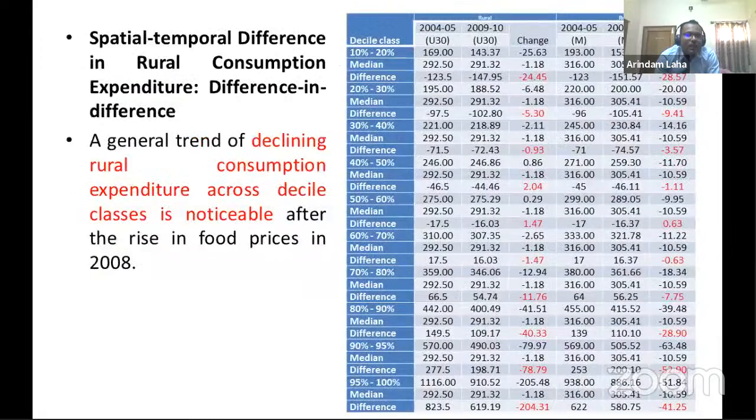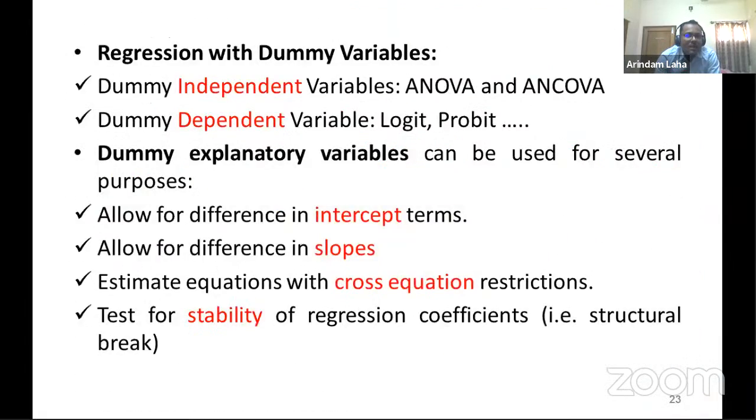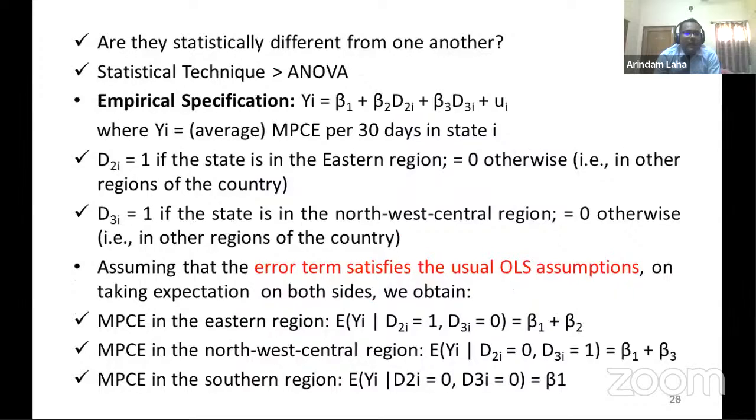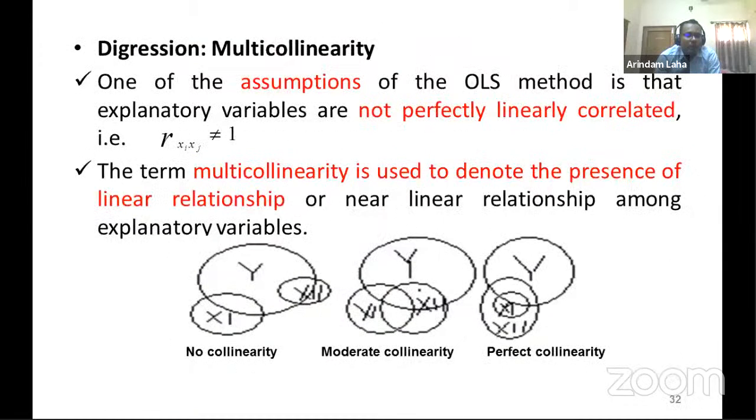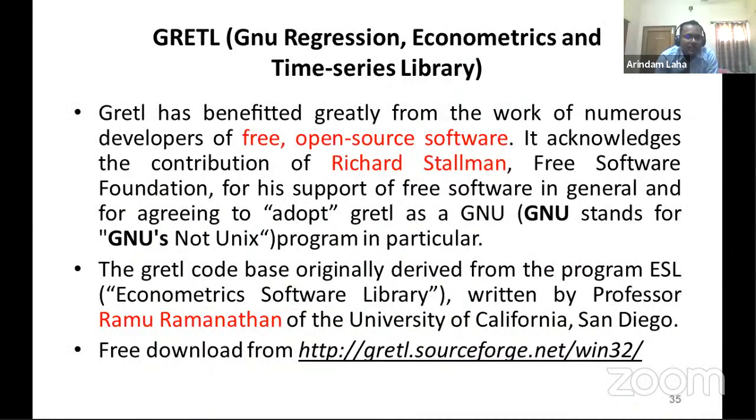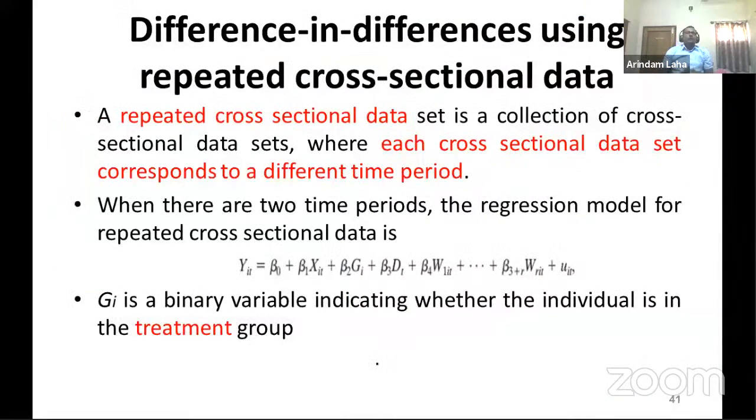Now let us concentrate on difference in difference regression. By running a regression, you can carry out a similar kind of exercise. So, difference in difference regression in repeated cross-sectional data.